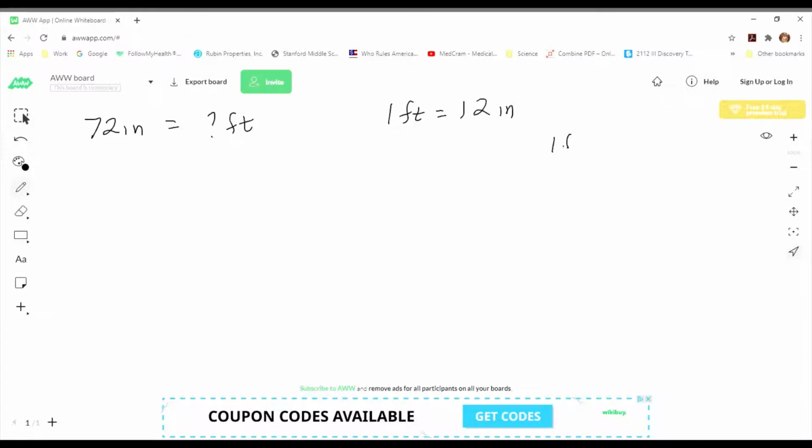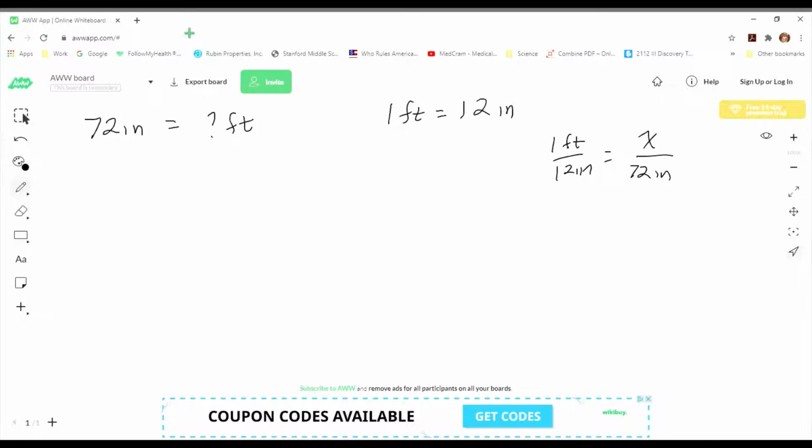So 1 foot over 12 inches equals x over 72 inches. Because the 1 foot over 12 inches you're given here, and the 72 inches is what you're given right there, and what you're looking for is this. If you can do it this way, that's fine. This is not the way I'm going to teach you right now, but it is proportions, and you've learned proportions in math class. So I just solve for x at this point.